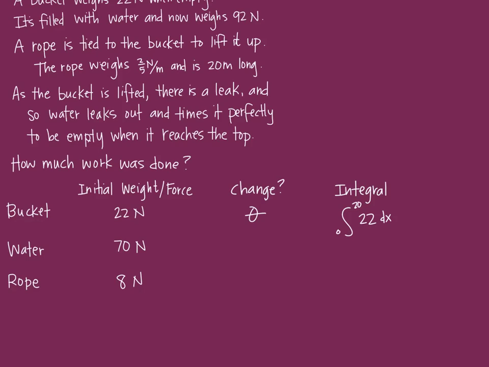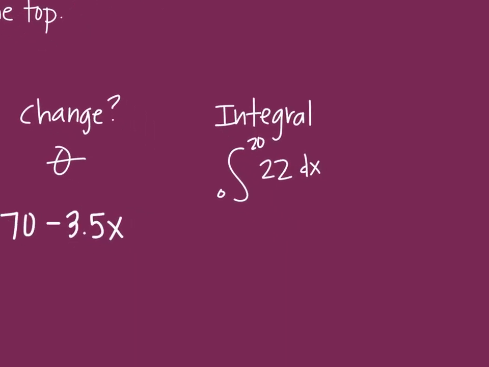So the water is changing in the following way: it is 70, and it's leaking out at a rate of 3.5, or 7 over 2, x. So we integrate that too: 0 to 20 of 70 minus 3.5x dx.